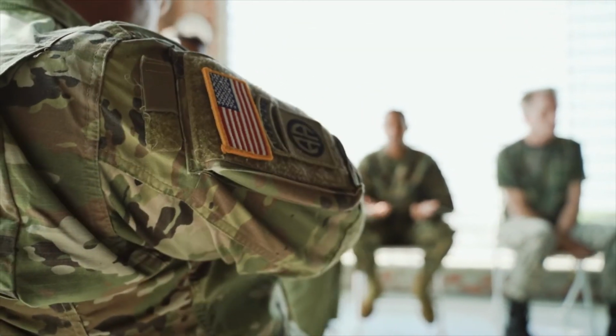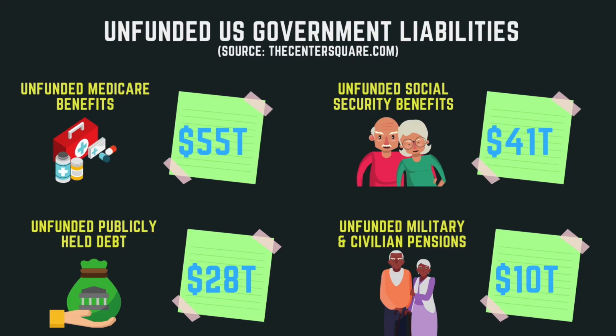In other words, a pension liability is the difference between the total amount due to retirees and the actual amount of money the federal government has on hand to make those payments. As of now, unfunded military and civilian retirement benefits stand at roughly $10 trillion.